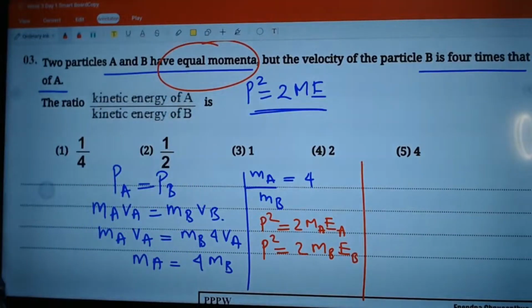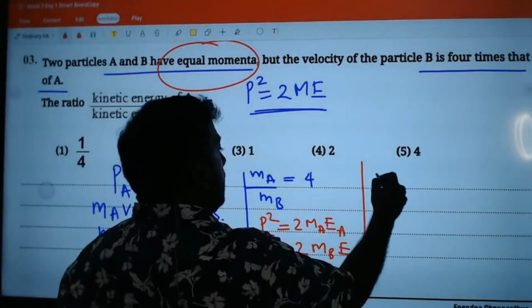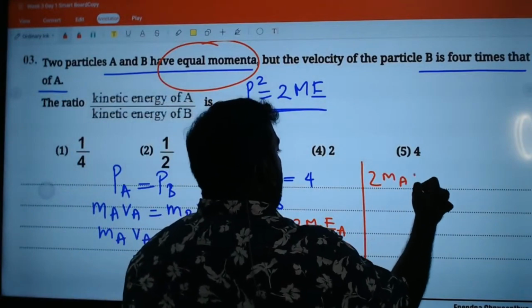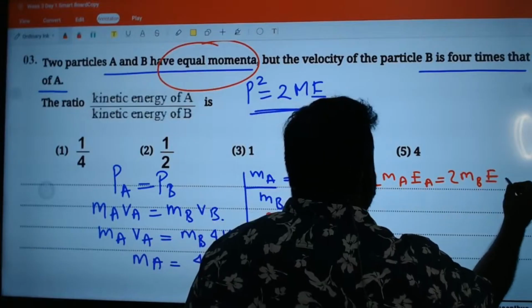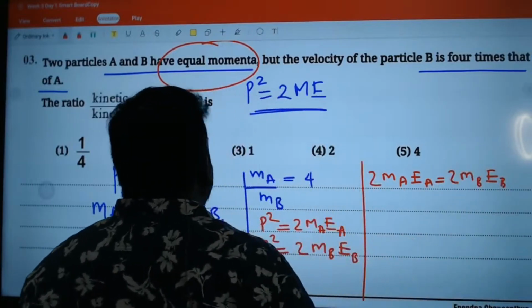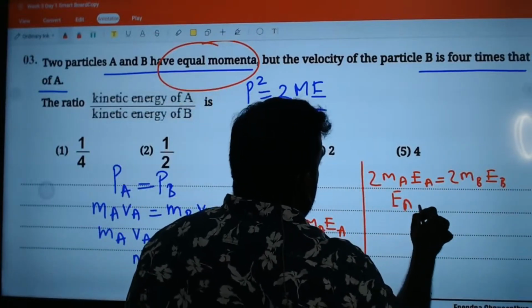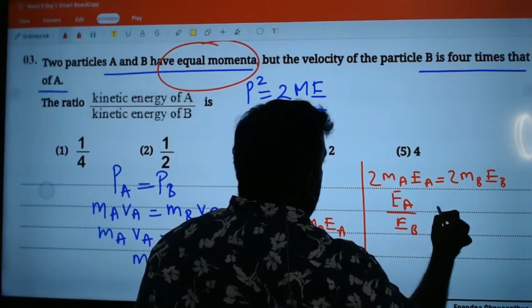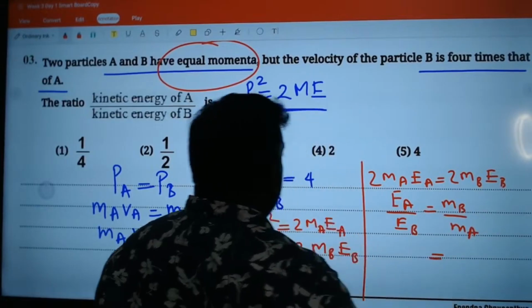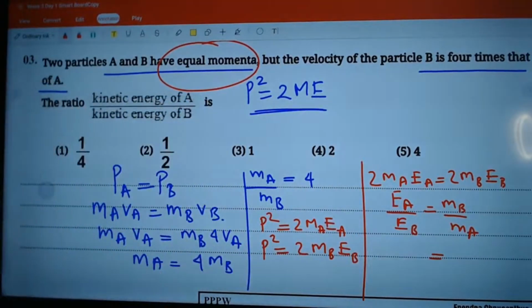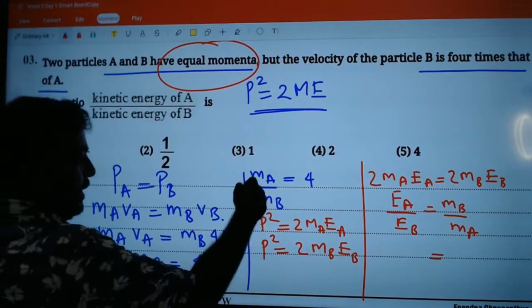From this you simplify, these two are equal. 2 MA EA equals 2 MB EB. Simplify the relationship. EA divided by EB is equal to MB divided by MA. Carefully look, MB divided by MA, turn upside down.